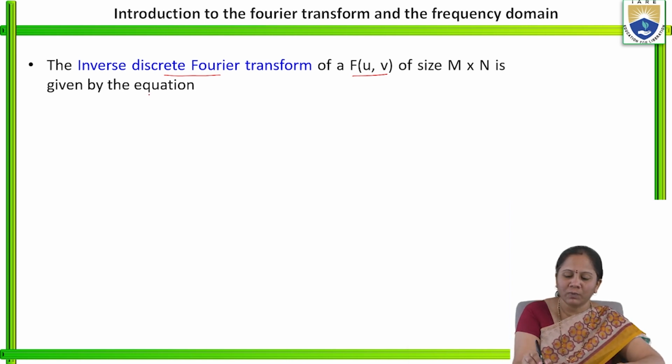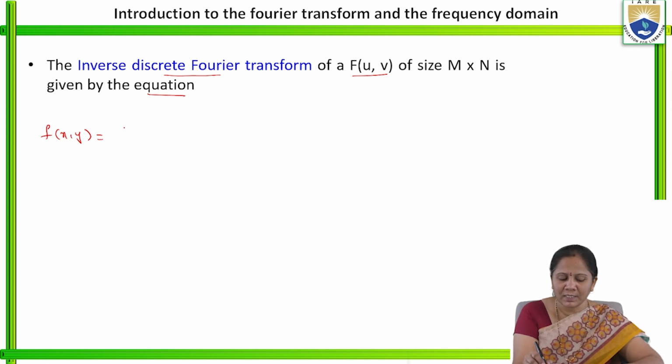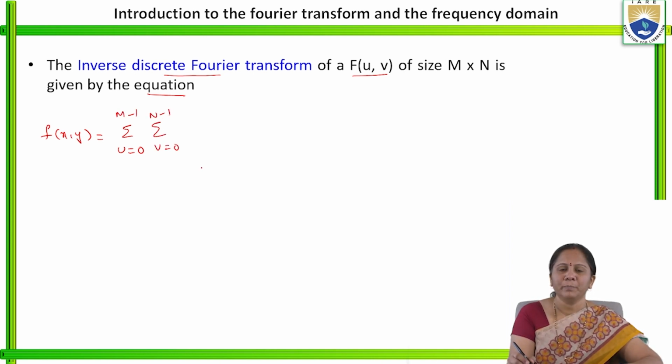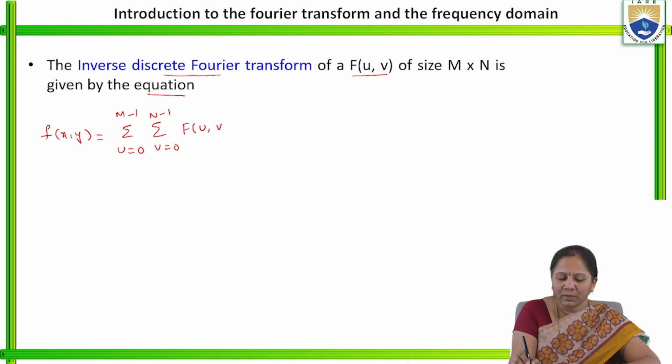The equation is: f of x comma y is equal to sigma u equal to 0 to m minus 1, sigma v equal to 0 to n minus 1, where m and n represent the number of rows and columns, the size of the image, f of u comma v, e power j 2 pi times u x by m plus v y by n.